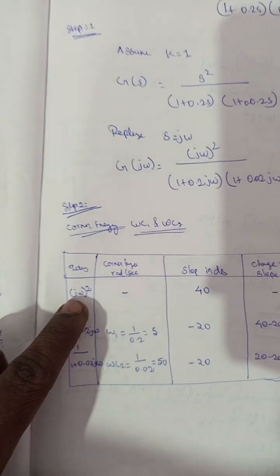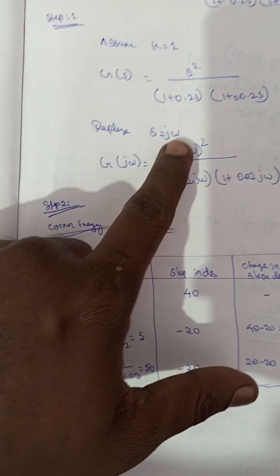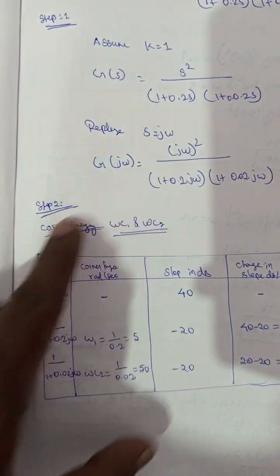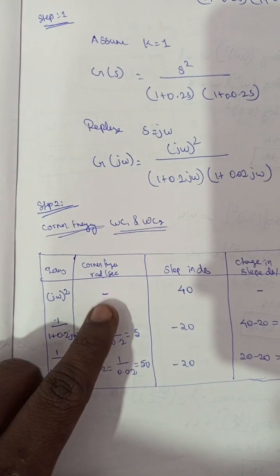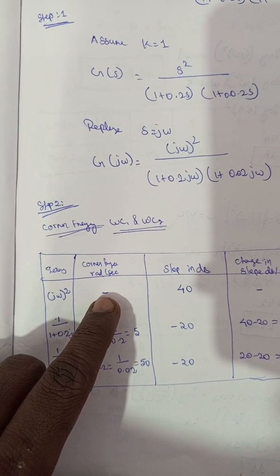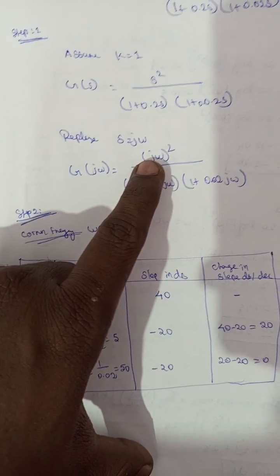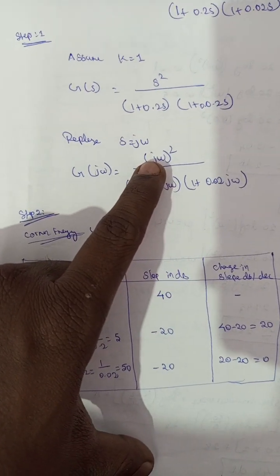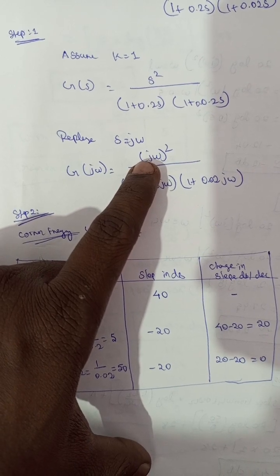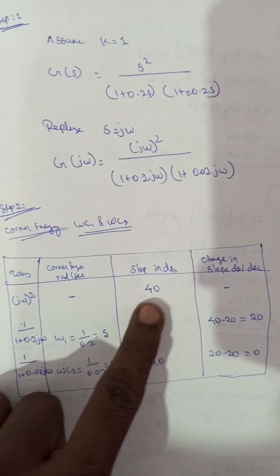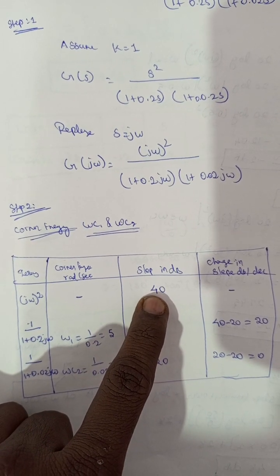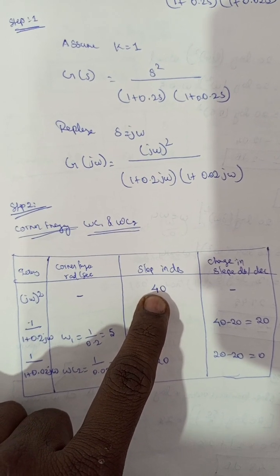For the first term, you can see there is no real part, so we are placing nil in the corner frequency, and it has 2 jω. If there is only one jω or only one s, we replace the slope as minus 20 dB.